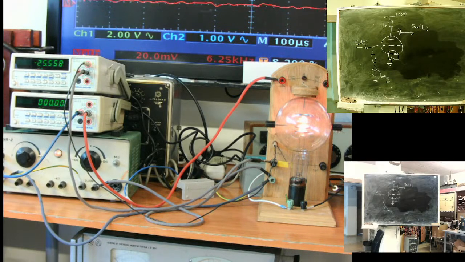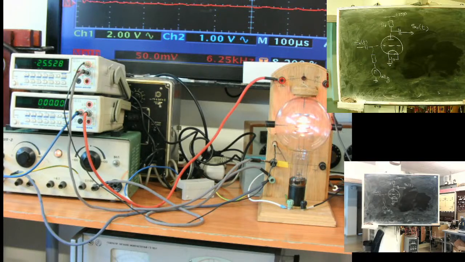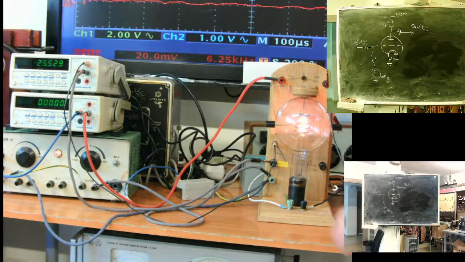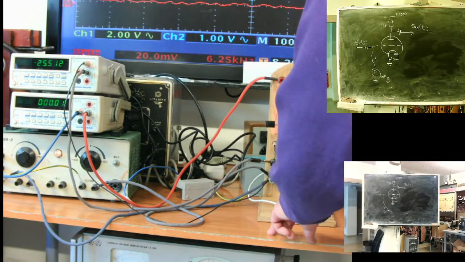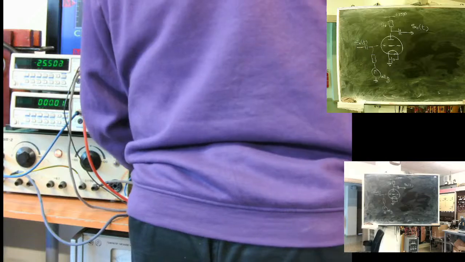Okay, this one goes here. It's the anode, and how do I get the input signal? Input signal. I need a connection here.